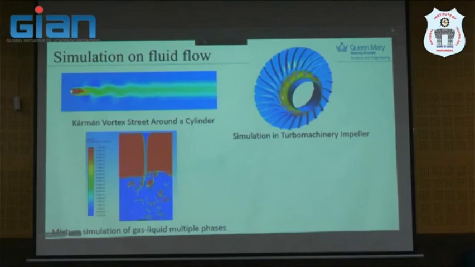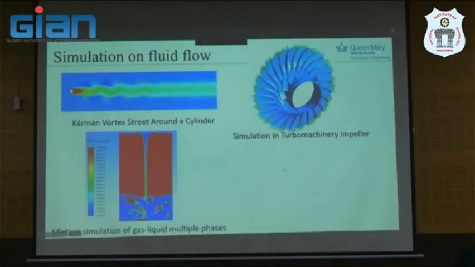It is important for understanding flow patterns in this case, and engineers can use this simulation result to design the pump or similar components.